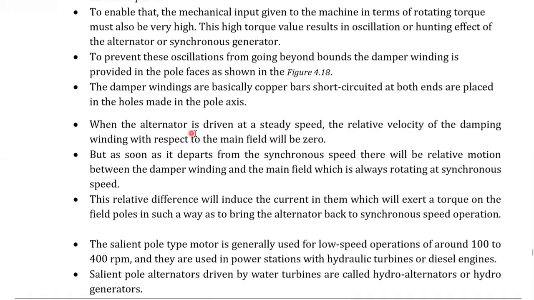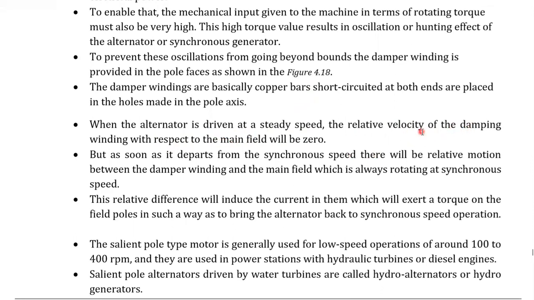When the alternator is driven at a steady speed, the relative velocity of the damper winding with respect to the main field winding will be 0. Understood? When the alternator is driven at steady speed, that is synchronous speed, there is no relative speed between the stator magnetic field and the damper winding field.